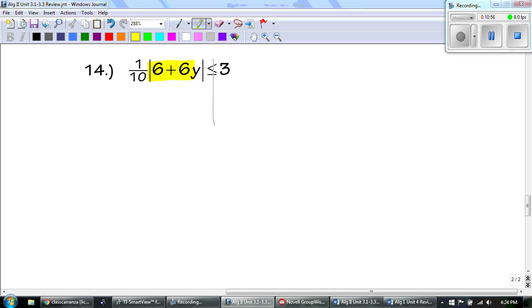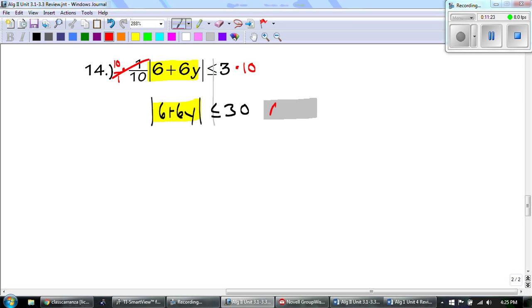Is the absolute value by itself? Nope. We have a fraction, so we have to multiply by the reciprocal. And 10 over 1 is the same thing as 10. So we have 6 plus 6y is less than or equal to 30. Our absolute value is by itself.